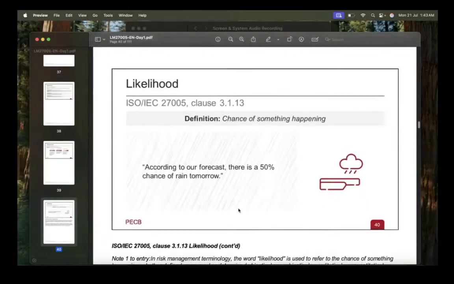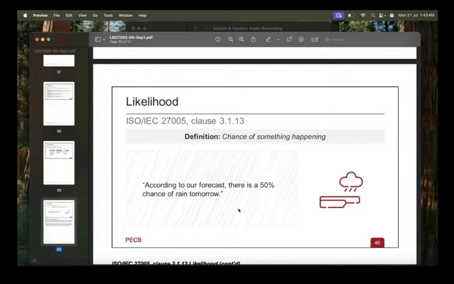So likelihood. What is likelihood? What do you understand? It's very simple, as mentioned here. Likelihood is the chance of something happening. Like, what is the likelihood of a particular situation happening? What is the likelihood of rain tomorrow? So this is what we mean by likelihood.